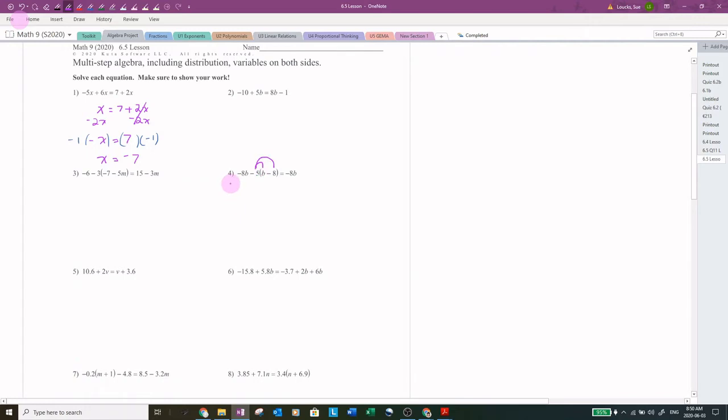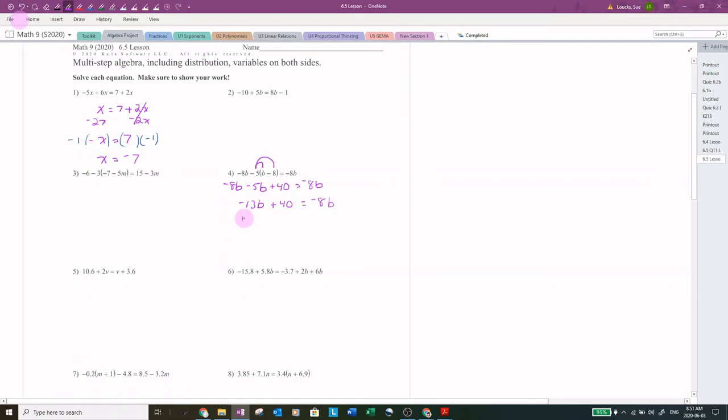Okay, so I get negative 8b because nothing's changing there, and minus 5b, and then it's negative 5 times negative 8, which is plus 40, equals negative 8b. And then in keeping with clean up the left side, clean up the right side, I have negative 13b plus 40 equals negative 8b.